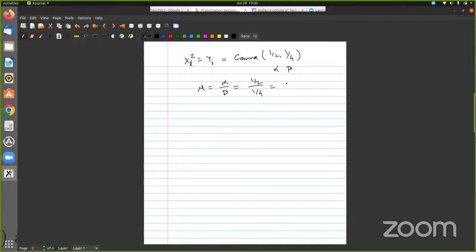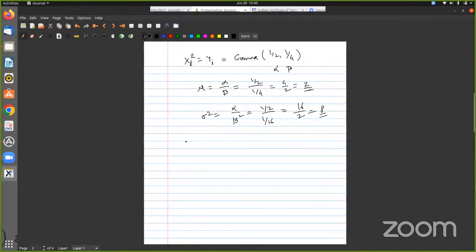Now it will become 4 by 2, which is 2, right? And sigma square is alpha upon beta square. So it is 1 by 2 divided by 1 by 4 square, which is 1 by 16, which is 16 by 2, which is 8.